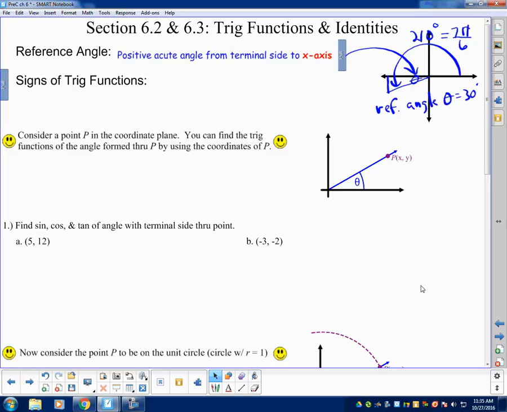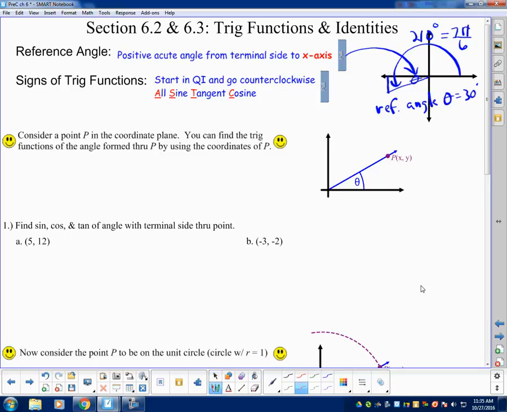All right, and then we talked briefly about this. Start in quadrant 1 and go counterclockwise. We have the acronym All Students Take Calculus, which we all, of course, are planning to do. That helps us to remember the signs of the 3 trig functions, sine, tangent, and cosine. See them underlined here. In the first quadrant, all of them are positive, sine, cosine, and tangent.